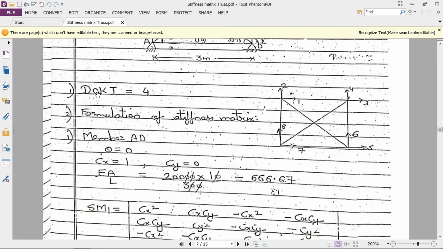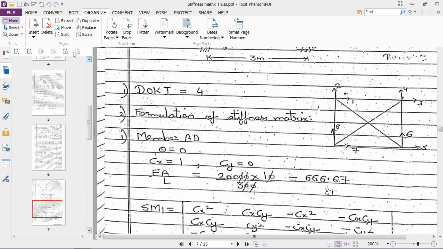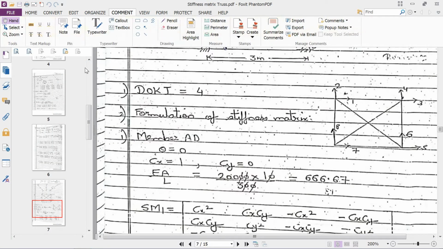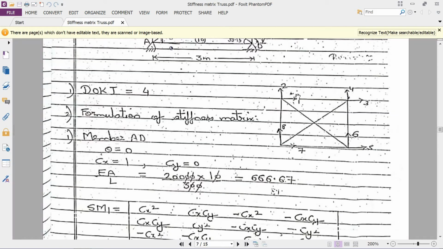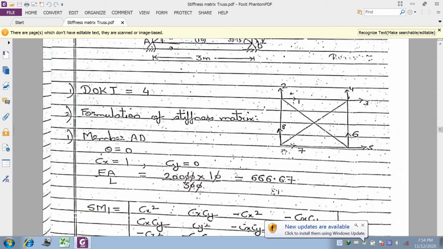So the first and most important step is our calculation of DOKI. Here we will start from the clockwise direction, starting from here, because at the bottom these two are known, so we will start writing the unknowns from here.